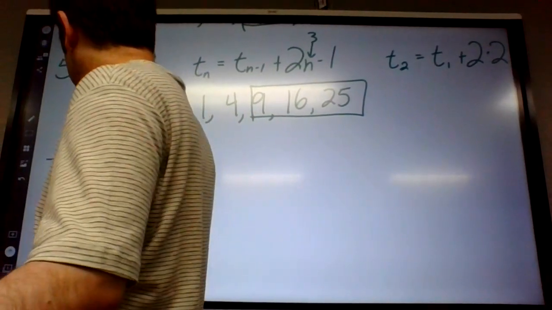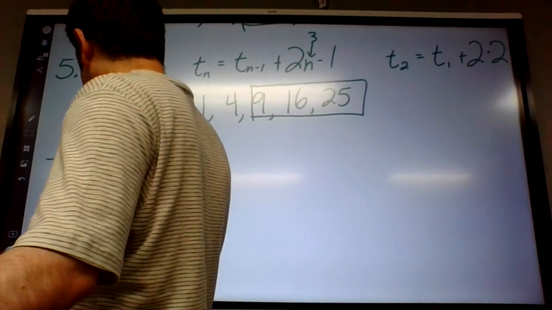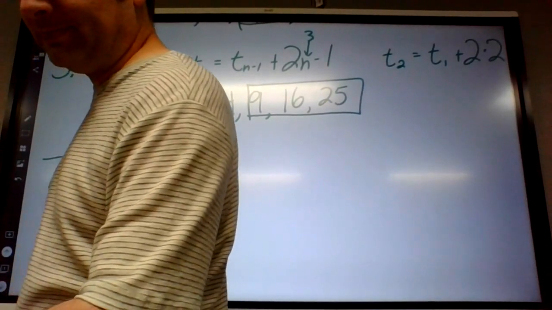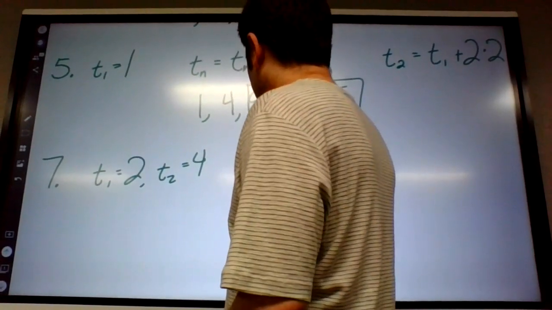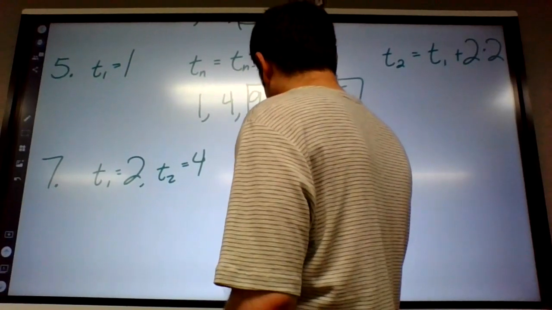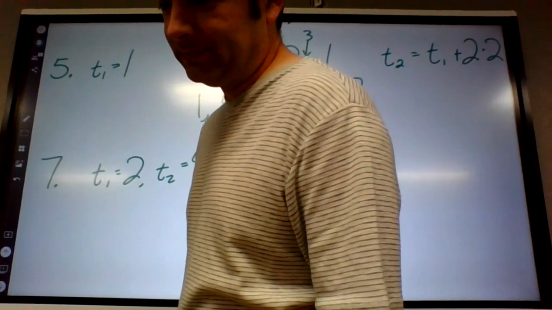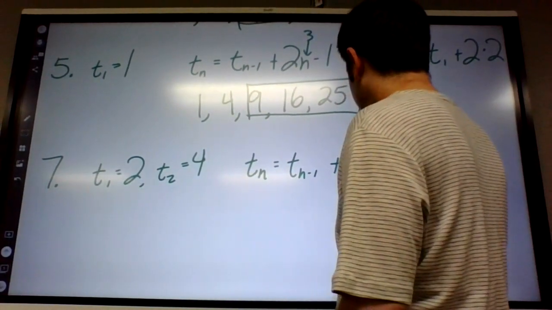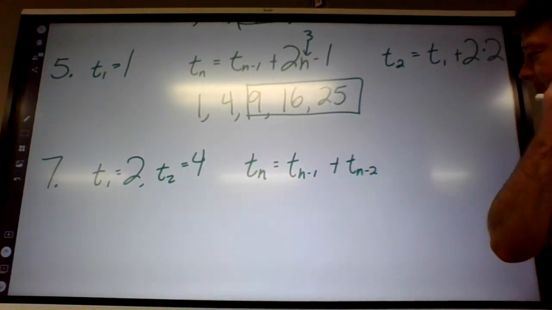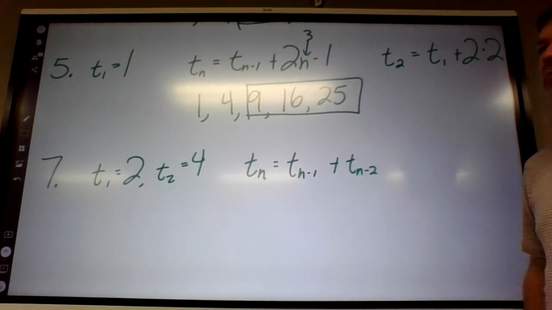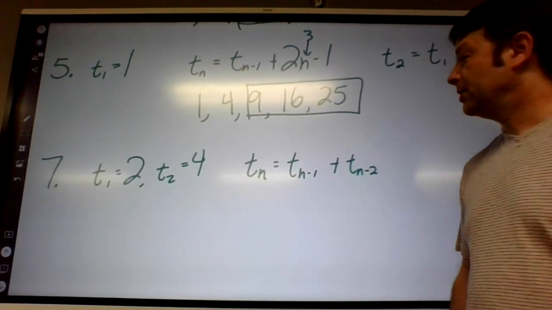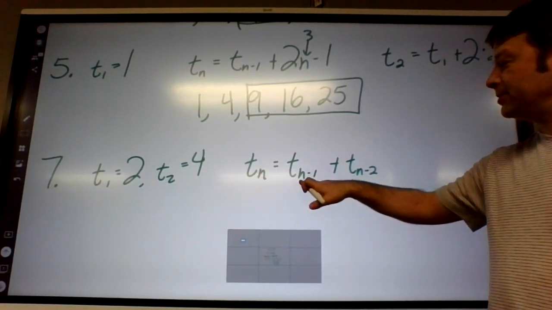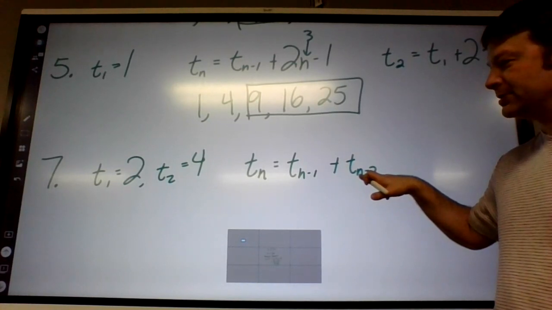T sub 1 equals 2. Okay. So this one, the new term is dependent on the past two terms.